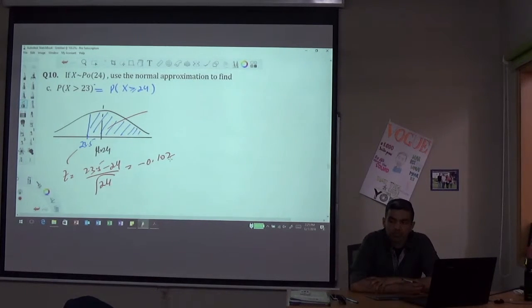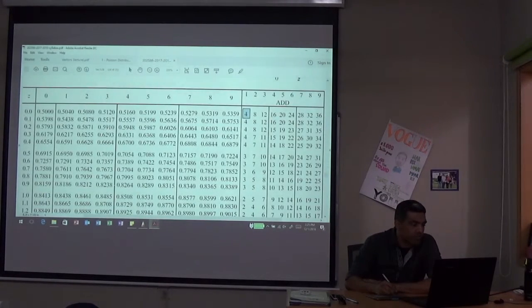Minus 0.102. Okay, let's check. 0.102, add 8 to it. Oh, we have to take the root. We have to take the root. That's the variance.